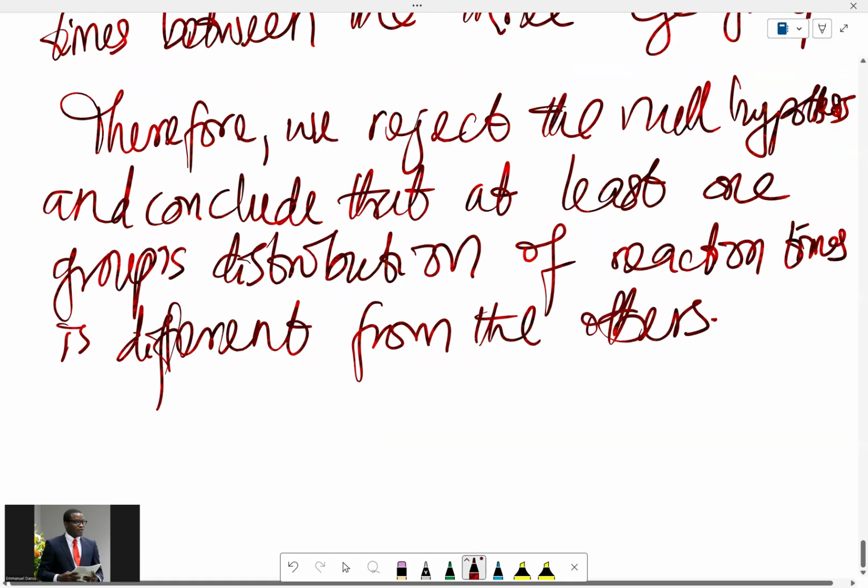Well, if you now want to know which group is different, that's where things like post hoc test comes in. I don't know if I'll be able to get to that point though.